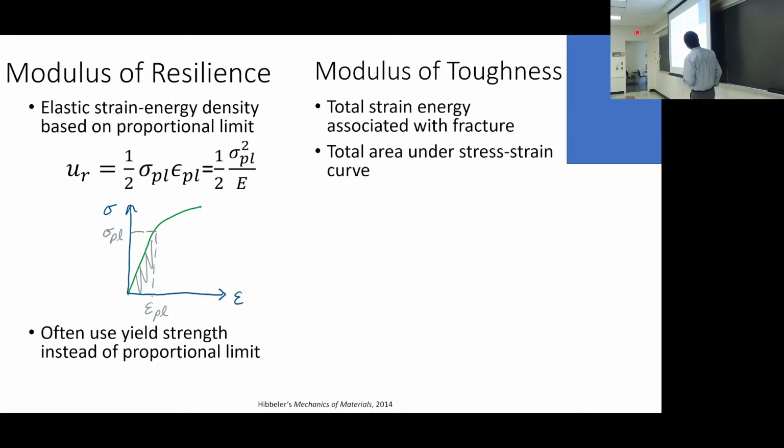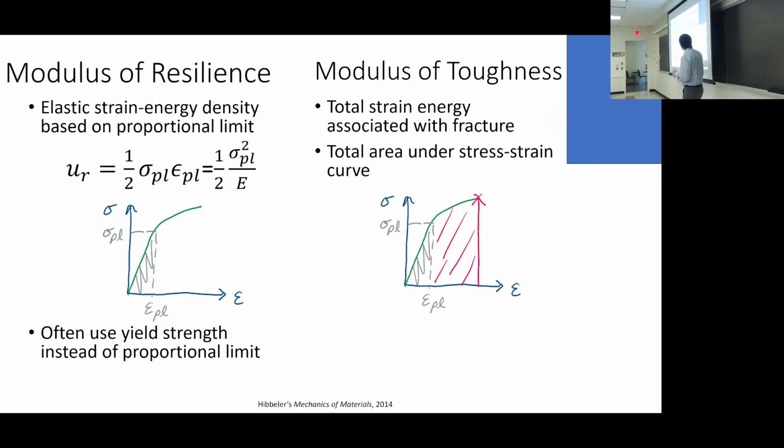So modulus of toughness is what we use to look at the total area under the curve. This is another metric. So we just say it's going to be the modulus of resilience plus the area under the plastic regime.